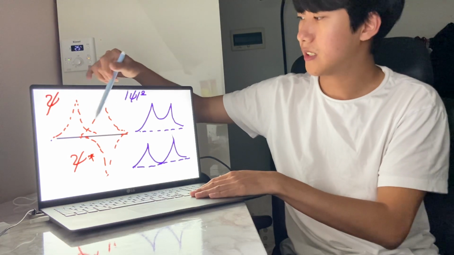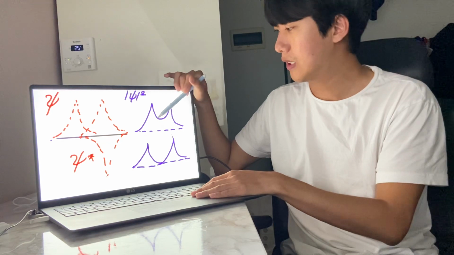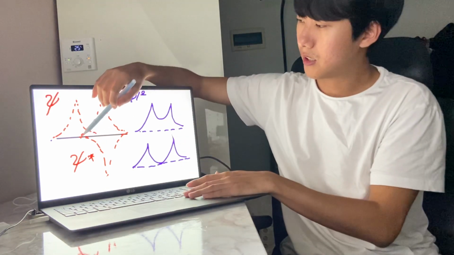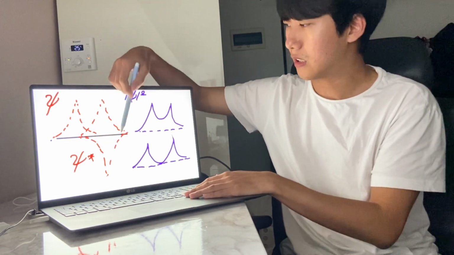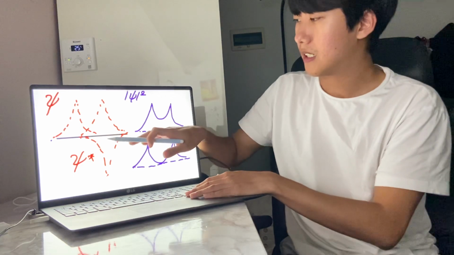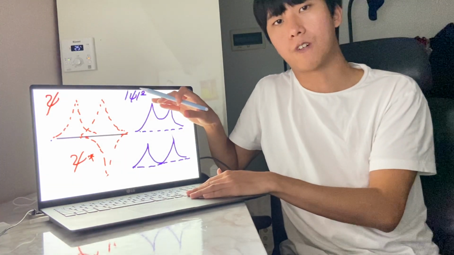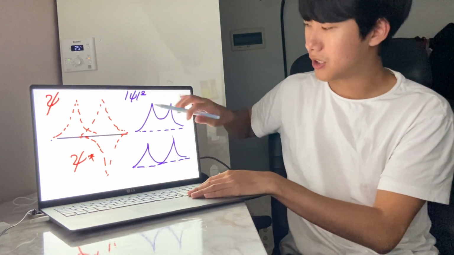In this case, they have positive bonding, so the wave function like this makes the probability graph of finding electrons have a different feature.